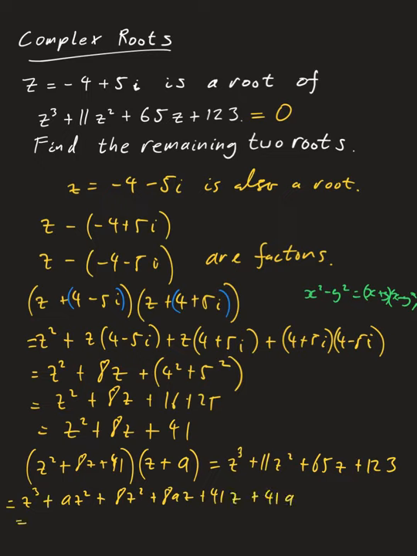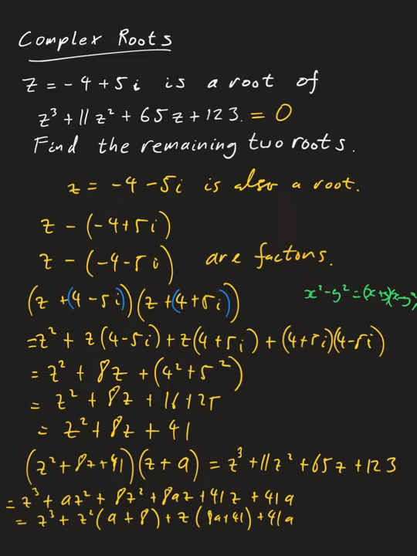And if I collect up the like terms, I get z cubed plus z squared times (a plus 8) plus z times (8a plus 41) plus 41a.